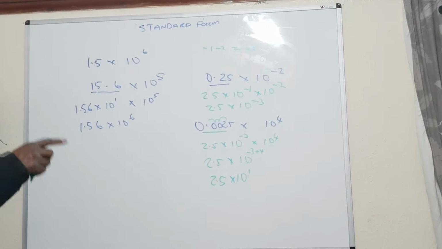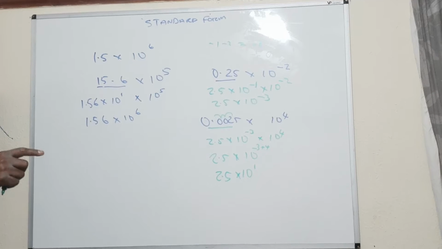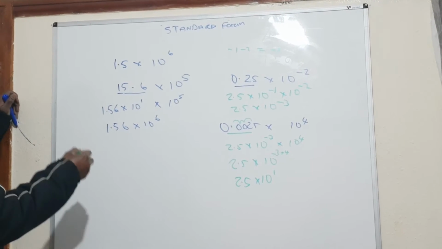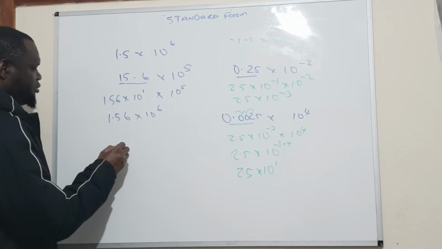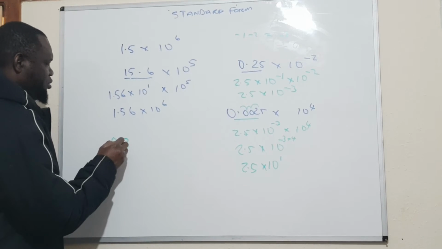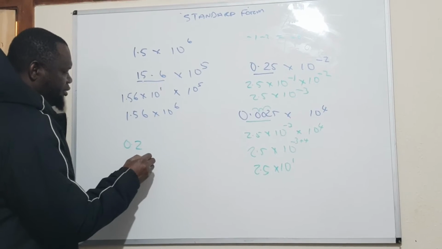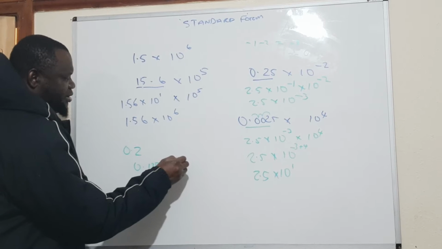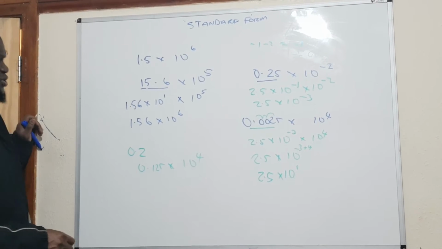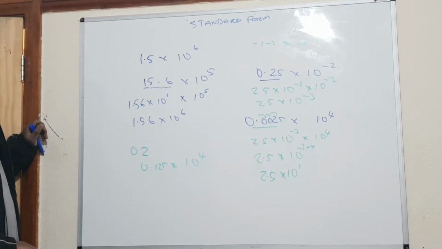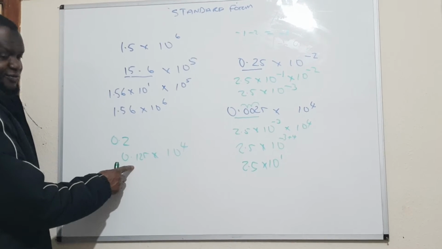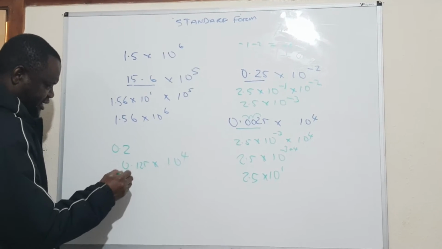You can do your multiplications and divisions and you end up having something like 0.125 times 10 to the power 4. You can end up having that as your answer. But this is not in standard form. So you have to take this one to standard form.